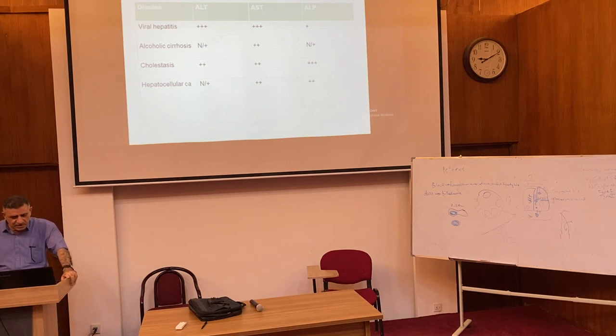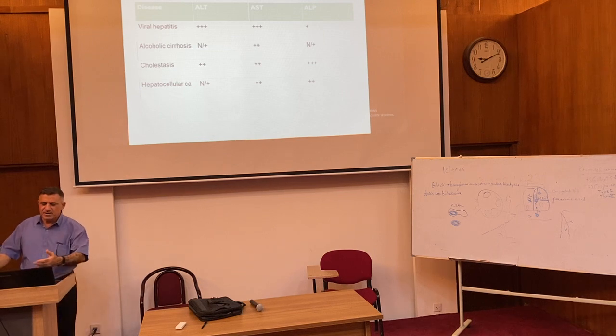In viral hepatitis, ALT and AST are very high because of destruction of hepatocytes. In alcoholic cirrhosis, chronic liver disease, ALT and AST are raised but AST is raised more than ALT. In cholestasis, ALP is markedly raised. In hepatocellular carcinoma, AST and ALP are raised.